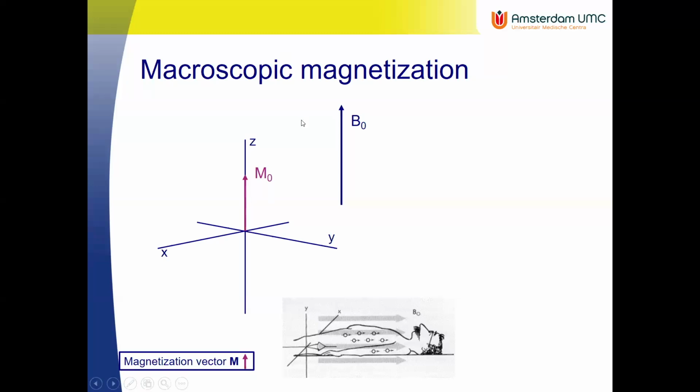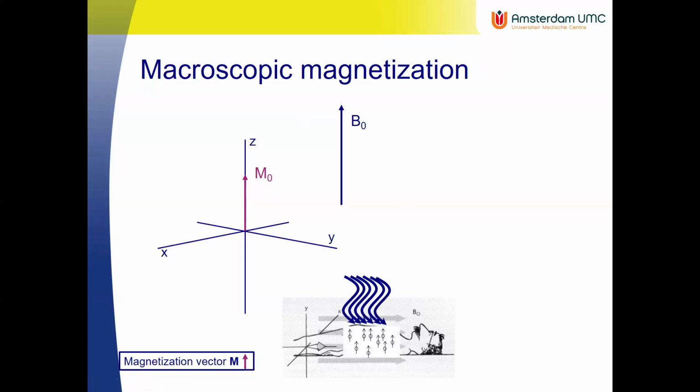It's a vector, so it has a direction, aligned with the main magnetic field, and a length, which is the strength of the alignment. That is the magnetization vector M.